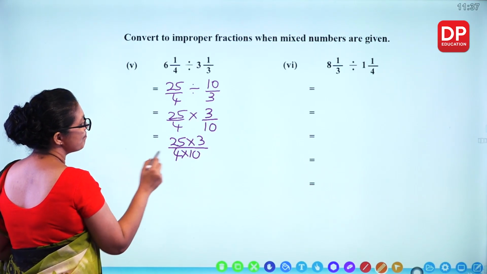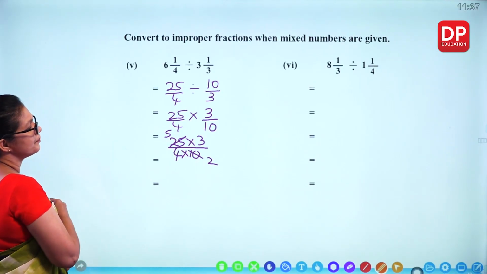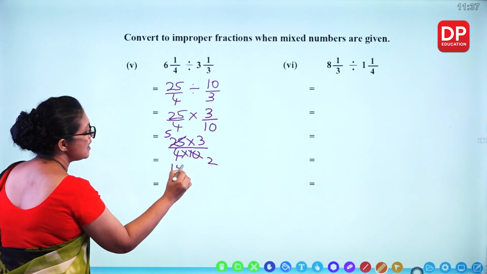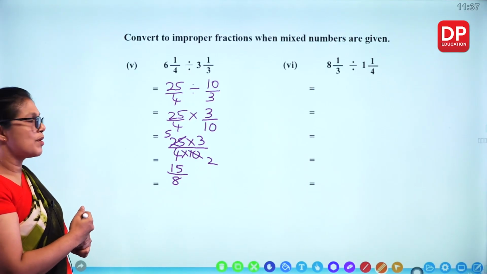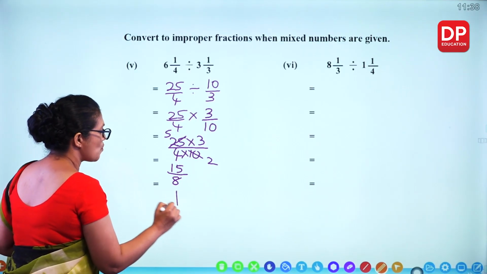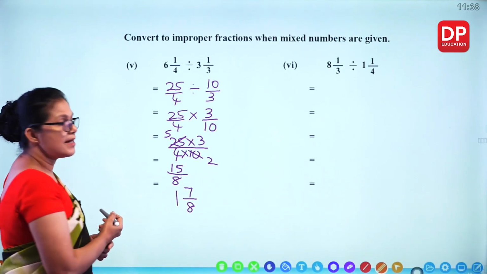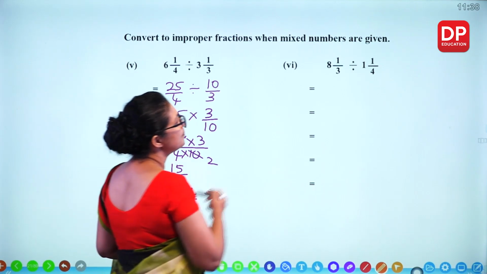Simplify. 5 times 2, 5 times 5. That's all. 5 times 3, 15. 4 times 2, 8. Now convert to a mixed number. 8 times 1, 8. 7 remaining. So 1 and 7/8.